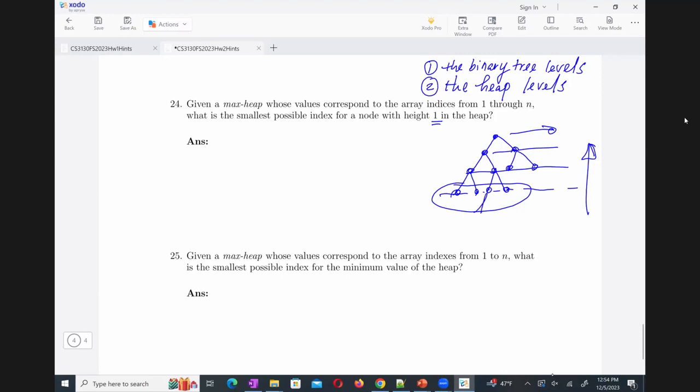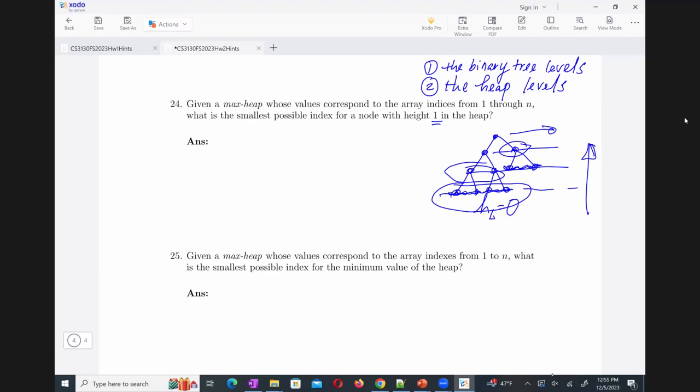When you look at it this way, all the leaves are on the same level. Looking from the bottom, height is the 0 level. The next level higher is the height 1 level. You should understand that. Okay?